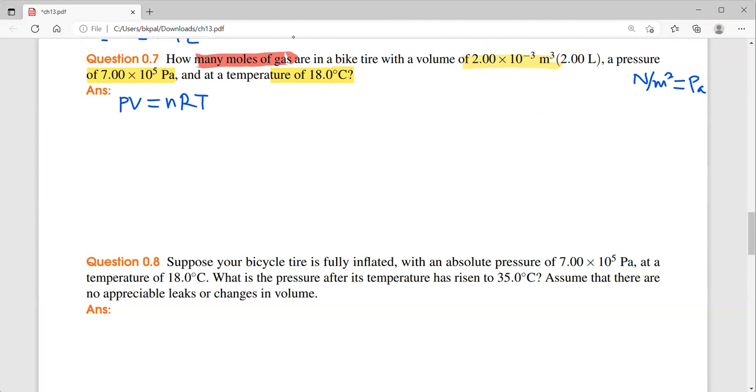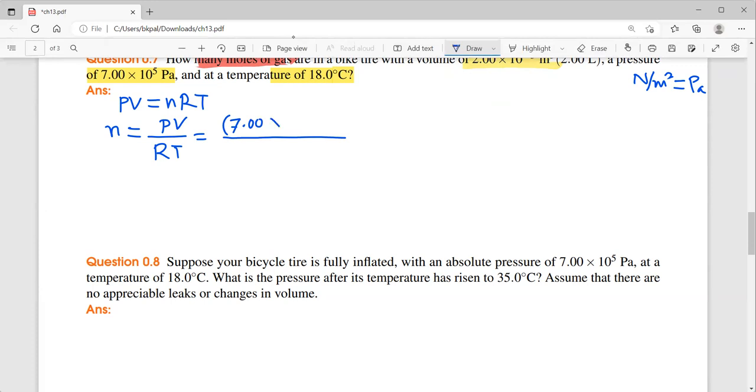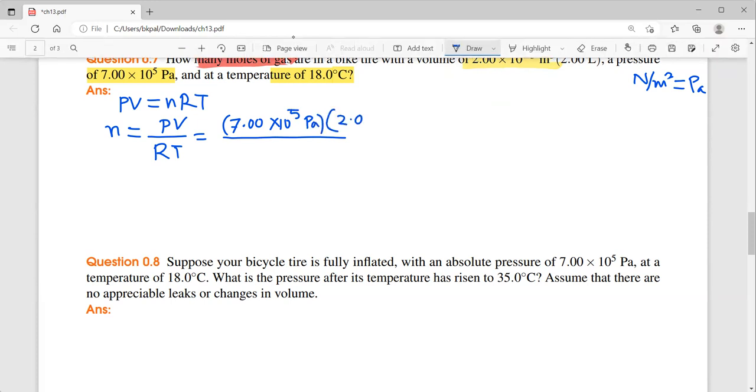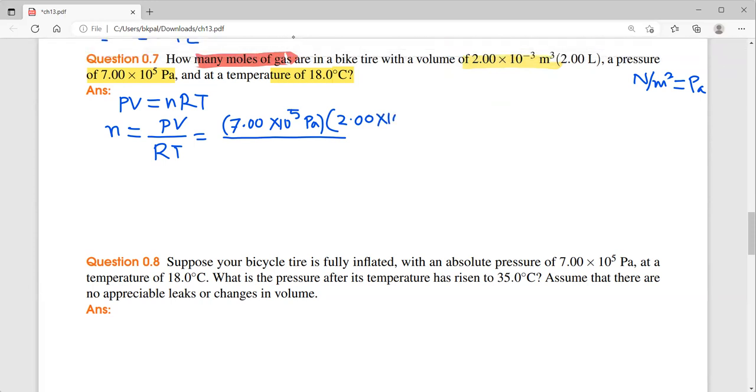If I solve this for n, we get PV over RT. So P is given, and that is equal to 7 times 10 to the power 5 Pascal, or Newton per meter square, which is the same thing. V is given, and that is equal to 10 to the power minus 3 meter cube.